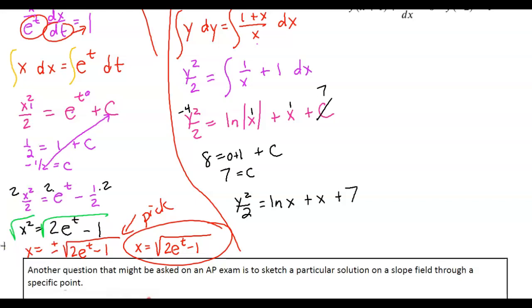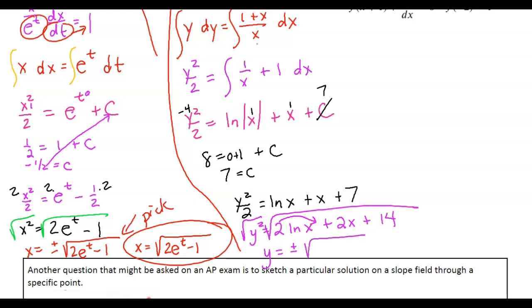So we're going to multiply everything by 2. They might bring this up as a power. They probably would. And then we're going to take the square root. So y equals plus or minus. I'm going to write this as natural log of x squared plus 2x plus 14.